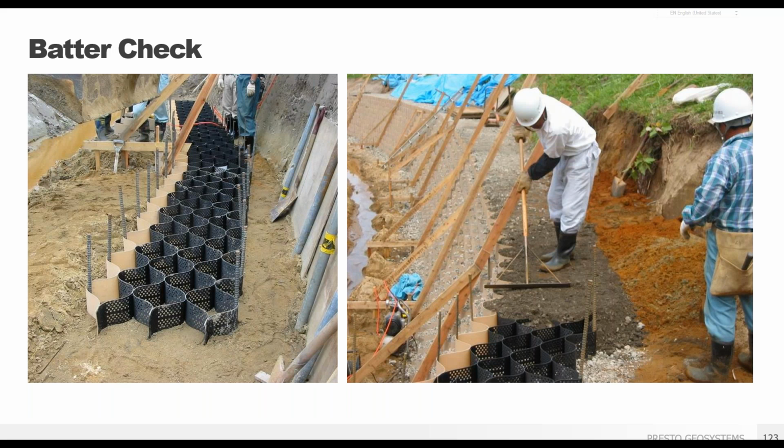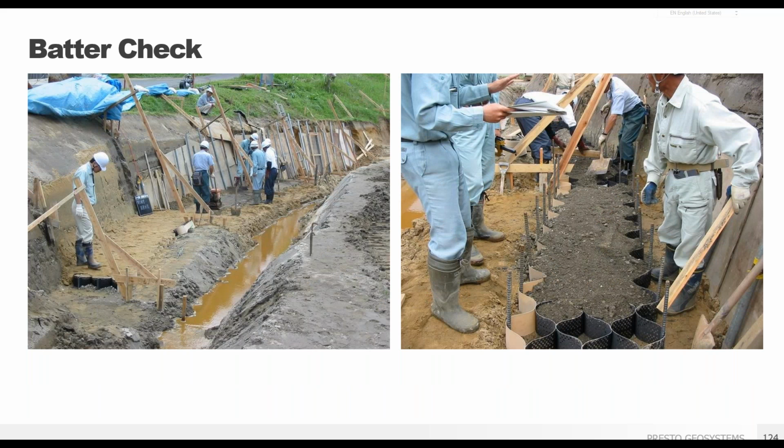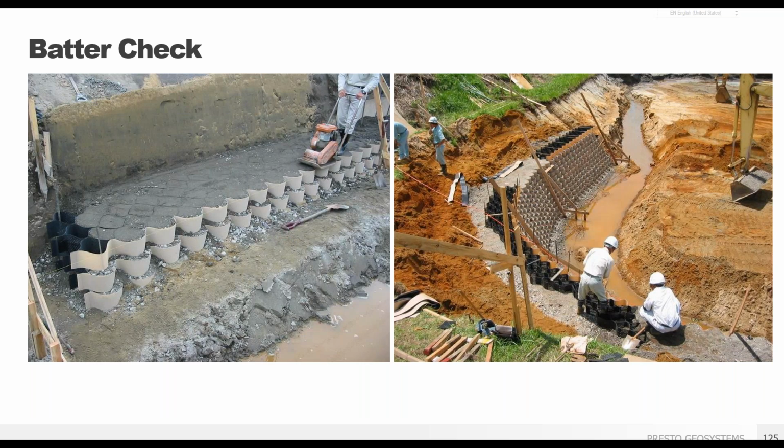Another technique, best practice and pro tip is to check the wall batter as you build. Here we see construction in process with batter check stations along the way. No problem with compaction or around curves, as the same setback angle is maintained.